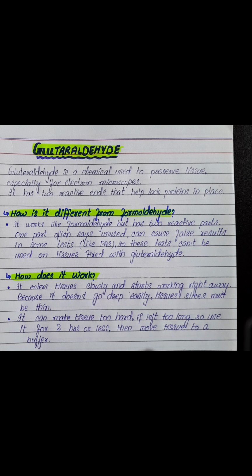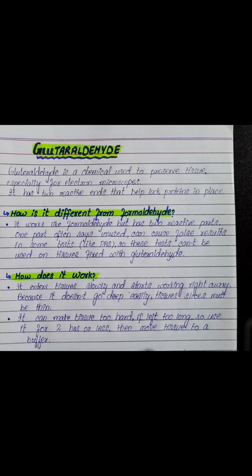In simple terms, it makes the tissue hard, so we can't use it, and it can also cause the false negative result. That is another reason we don't have to use it in our lab.